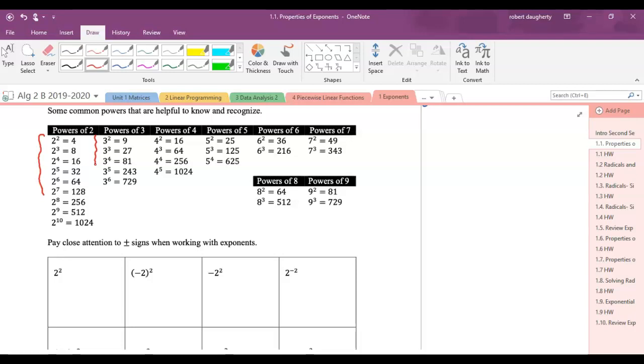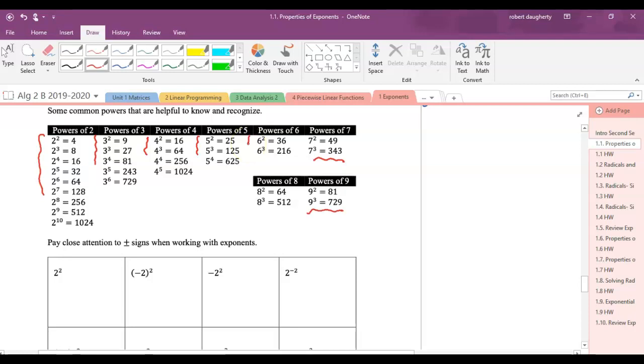The more you work with this, you'll know 3 cubed is 27. 3 to the 4th is 81. I struggle with some of these off the top of my head, but you will have a calculator. You can't use your TI on some of this, but you could certainly have a calculator to work on this. But the more of these powers that you know, it just helps you quickly, especially the ones like something to the second power or the third power.